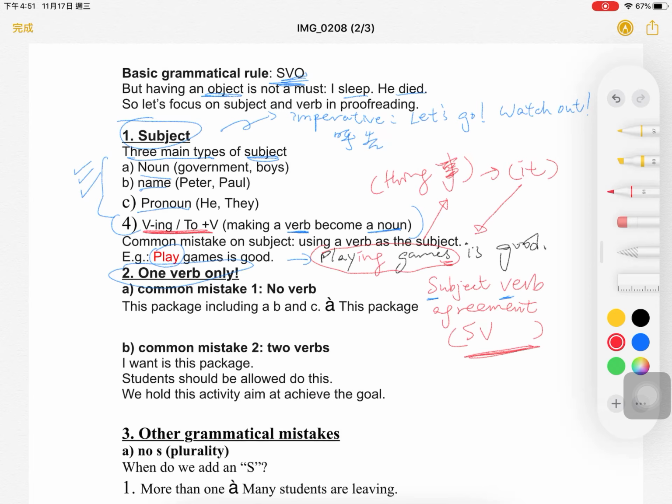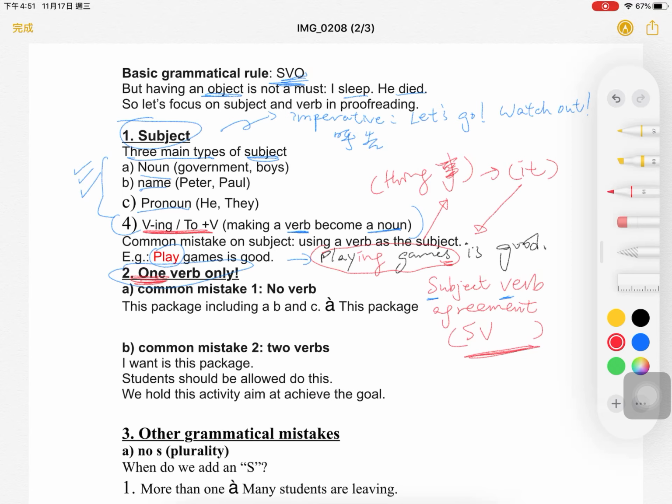How about verb? We have solved the problem of subject already. Now we have verb. We have one verb in one sentence. So, no verb is incorrect.